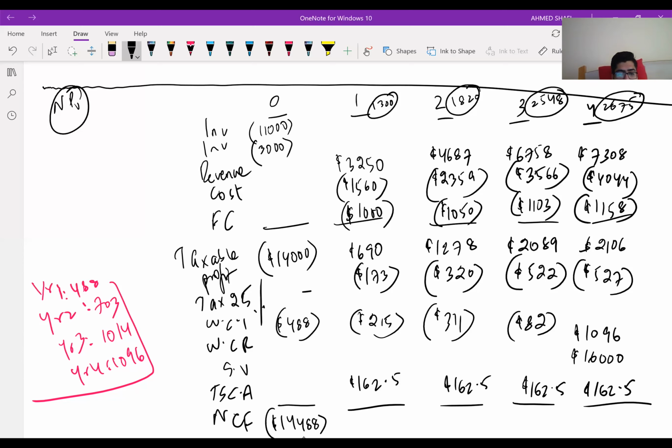14488, 465, 809, 1648, 809. Okay, these are the net cash flows.